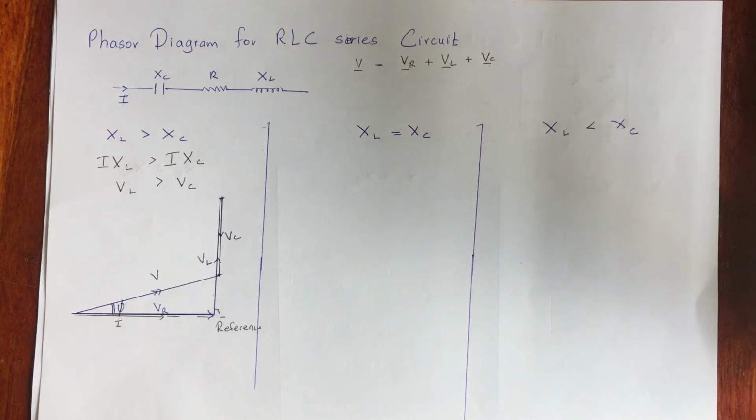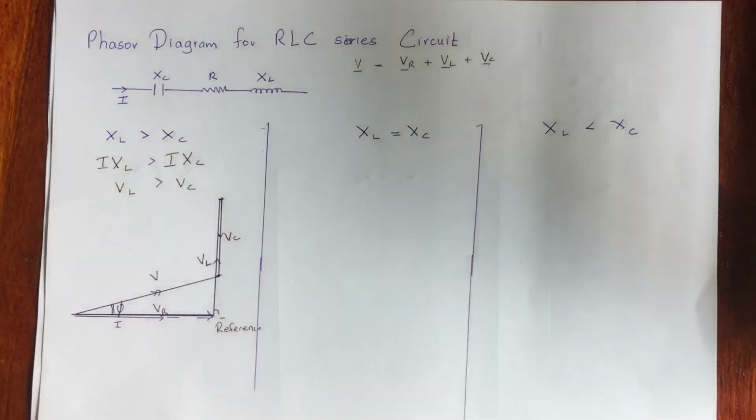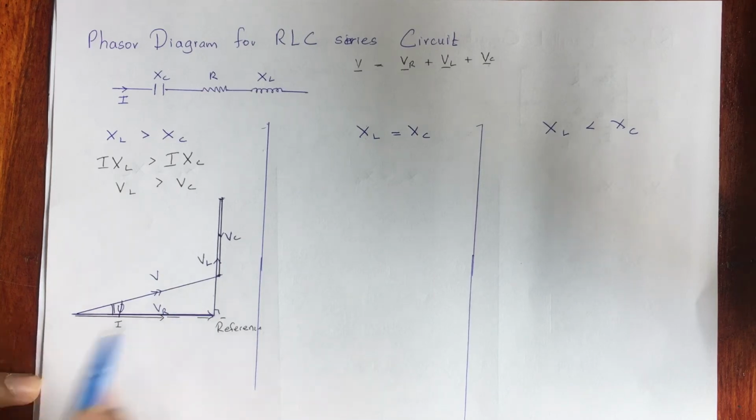XL is equal to XC. This condition is known as having a special name called resonance, because there are the inductor as well as the capacitor. However, it's going to have the special characteristic of a resistive circuit, which simply means it's only going to have the VR portion.